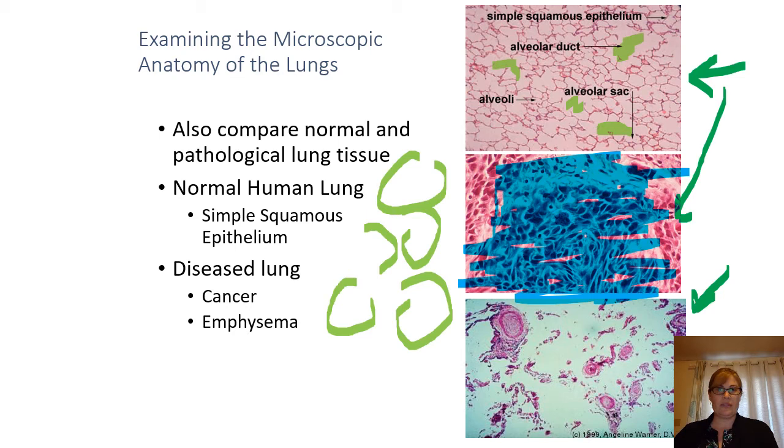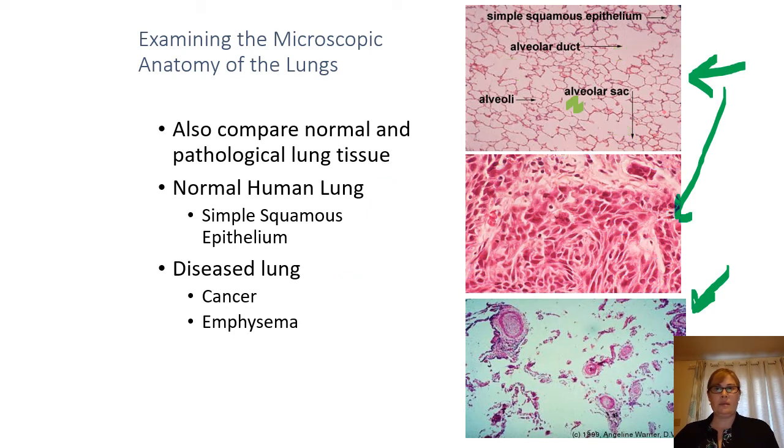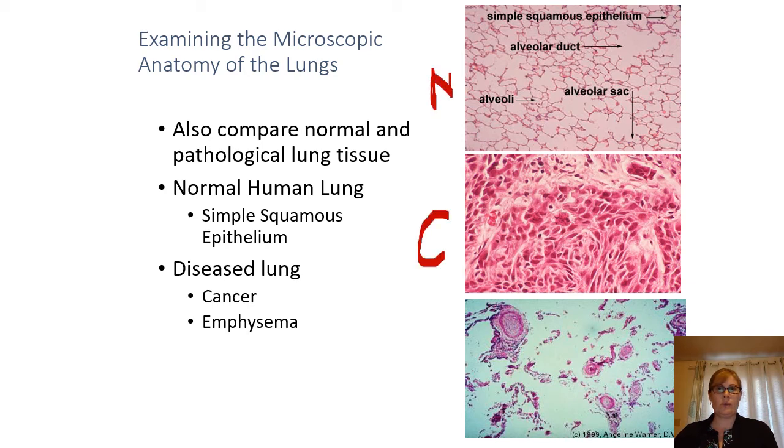And so looking at that mess that I just made, the second slide down is going to be cancerous tissue. So this is normal, this is cancer, and down here, this is emphysema. Emphysema, the walls are broken. So emphysema, you'll see a lot of open space. Cancer, you'll see a lot of tumor and filled in space, and then normal tissue will have kind of a blend of the two.